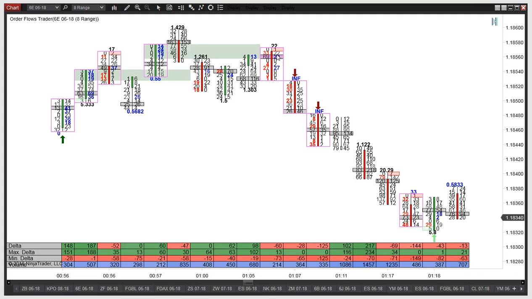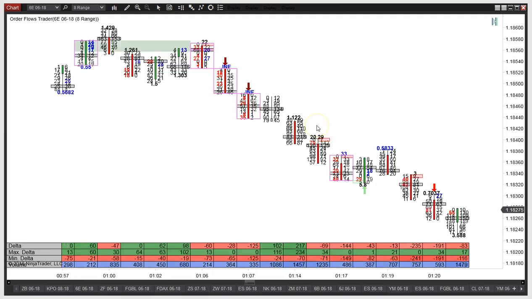And some people can do it, some people can't. If there was a way to make it more visual for you, I think that's going to make it a lot easier. So that's why we have these arrows, that's why we have these boxes, so you can see this stuff happening. Here it sells off again from the 52 area down to the 30s.